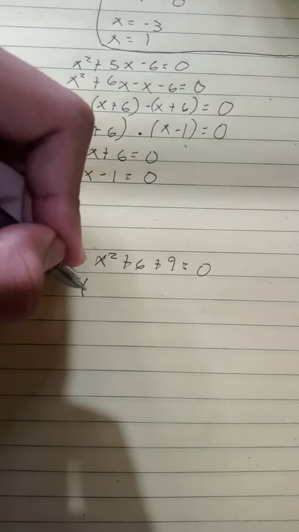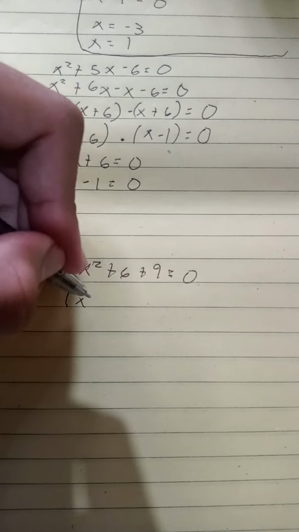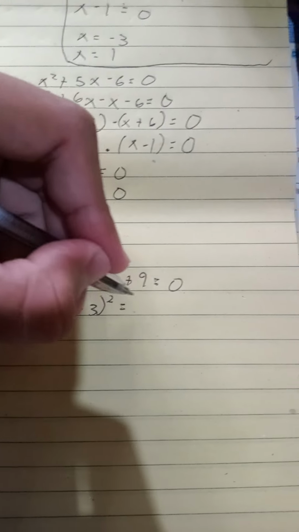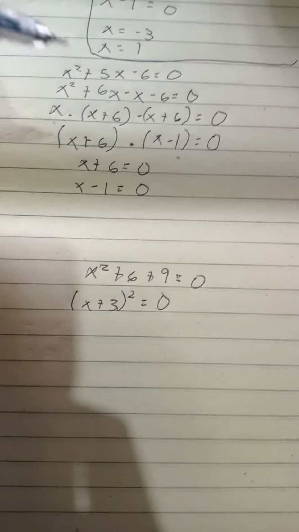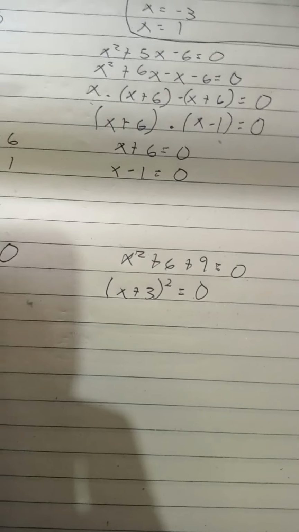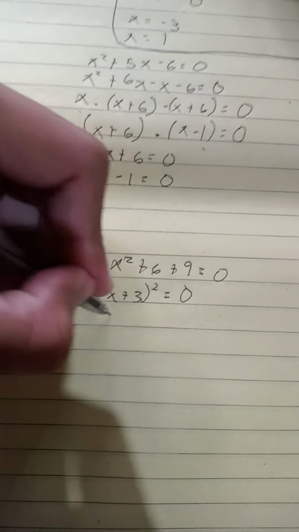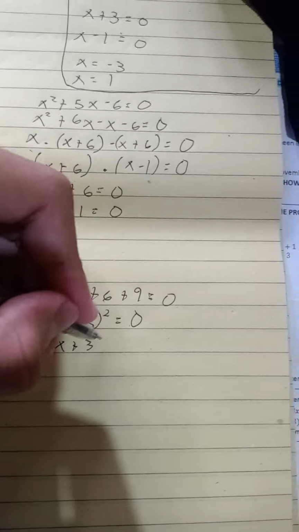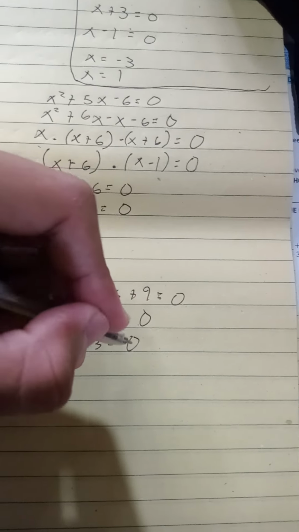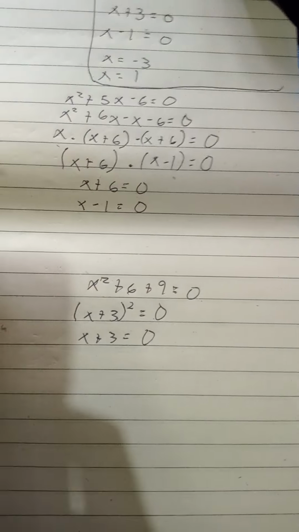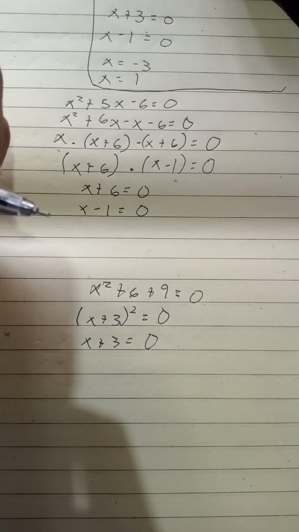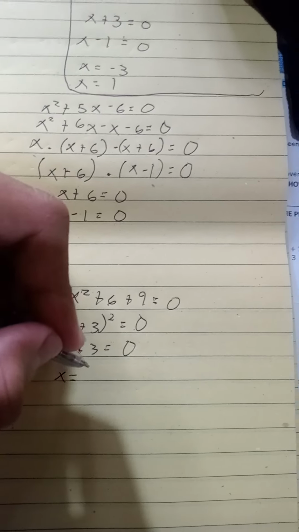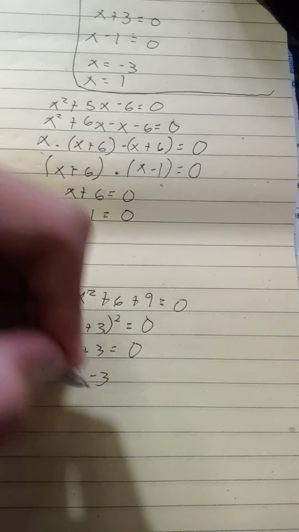So it will be x plus 3 squared equals 0. Then move the constant to the right. So it will be x plus 3 equals 0. Then our final answer here is x equals negative 3.